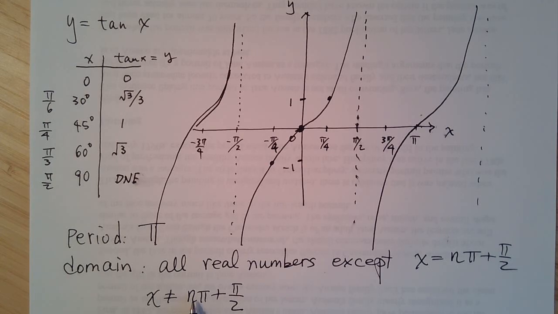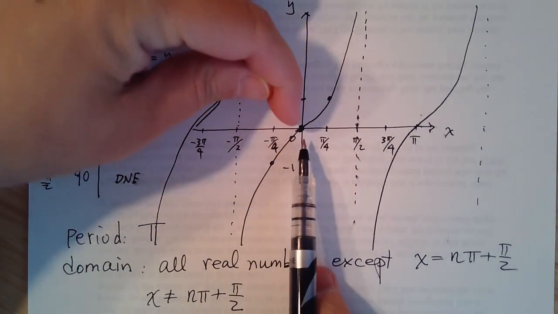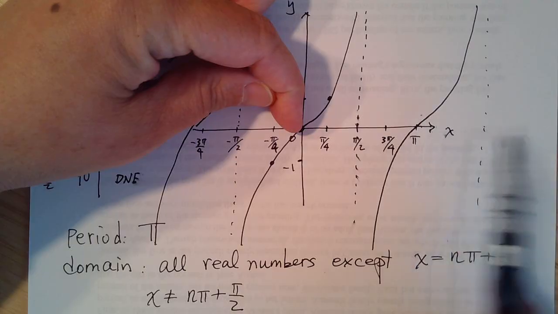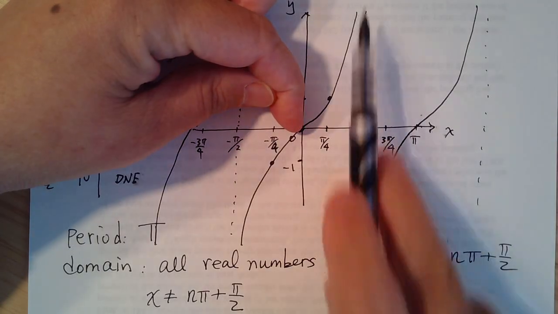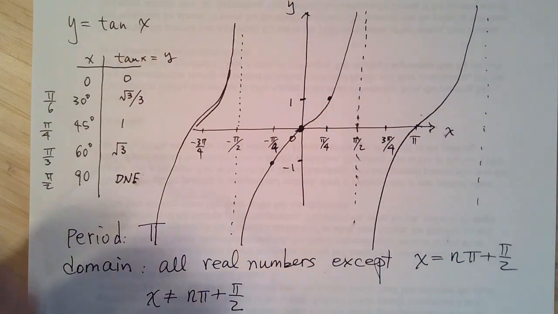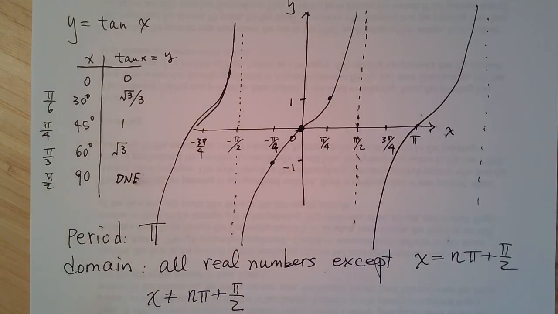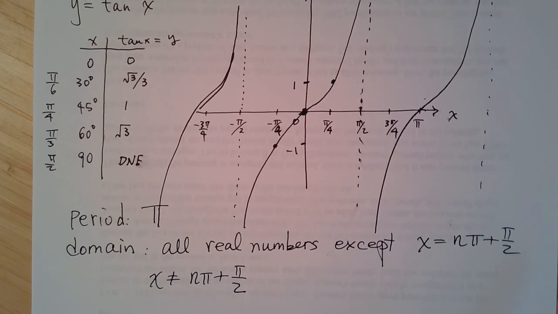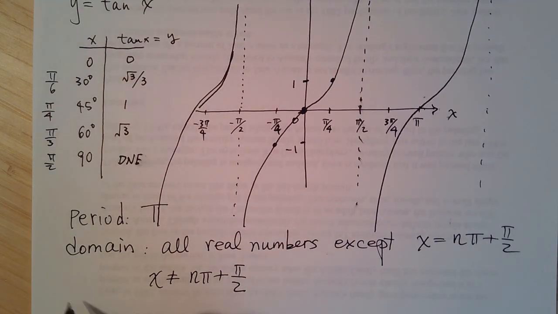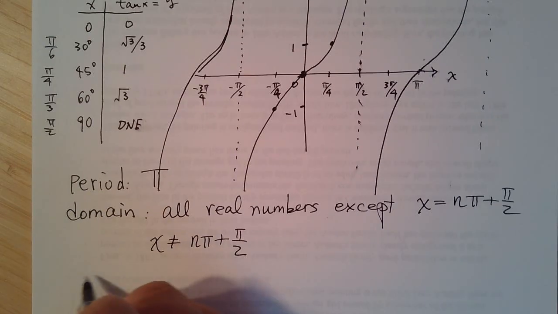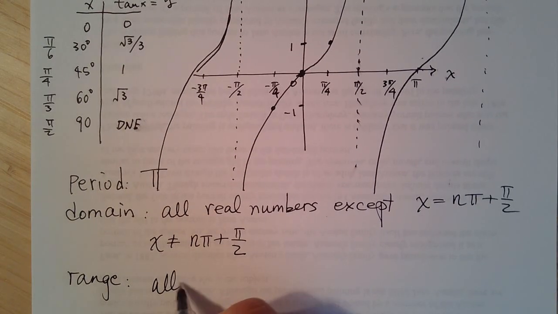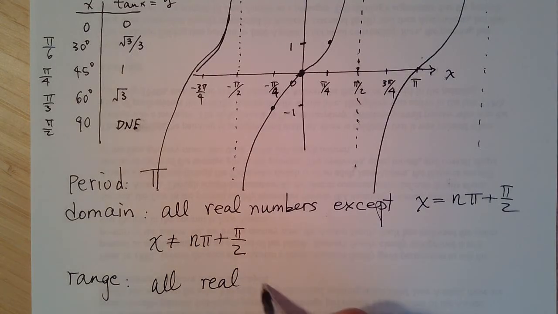As long as it's a multiple of pi, then you add pi over 2, which means between 0 and pi, and 2 pi, and 3 pi, in the middle, that's your vertical dotted line, x cannot be that number, so that's your domain. And the range, let me just keep going, the range will be all real numbers.